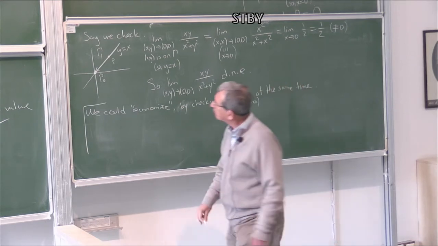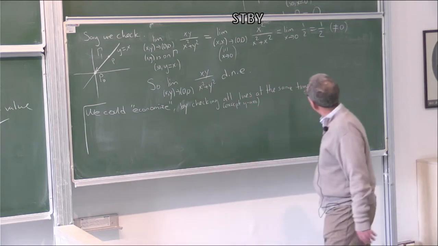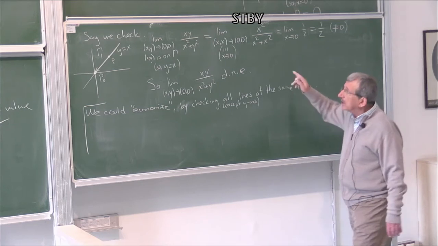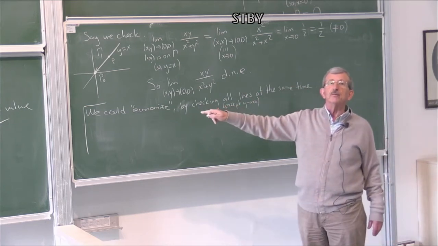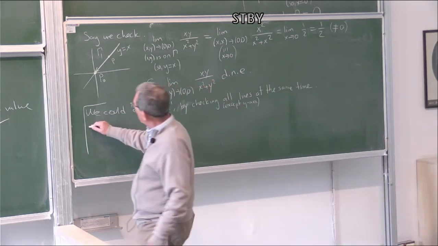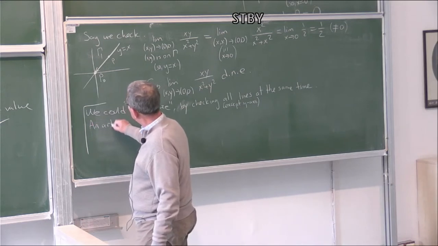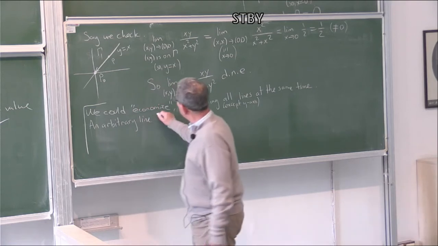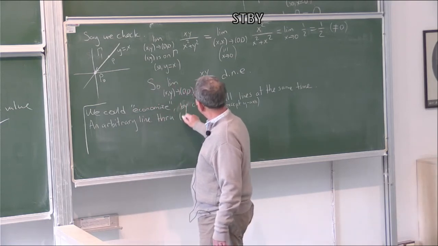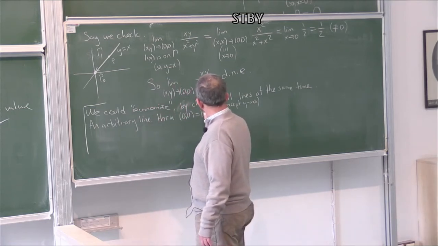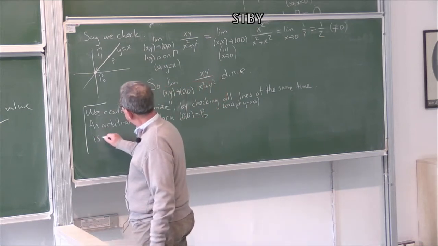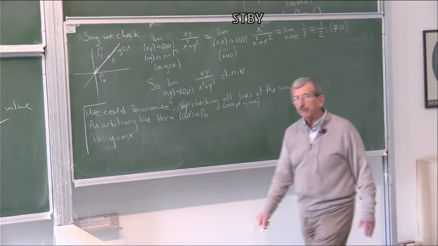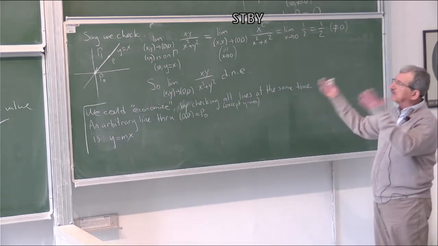What does that mean? What is a line? An arbitrary straight line must pass through P0. Now, an arbitrary line through (0, 0), that is P0, is y equal to mx, clearly. At 0, it will be 0, and it will have some slope.